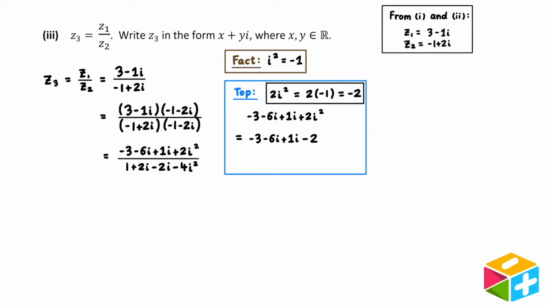From here, we can group together the number terms and the i terms. Minus 3 minus 2 is minus 5, and minus 6i plus 1i is minus 5i.